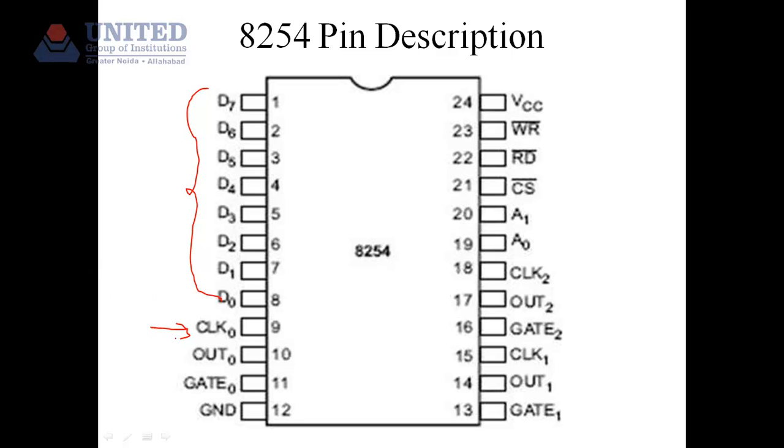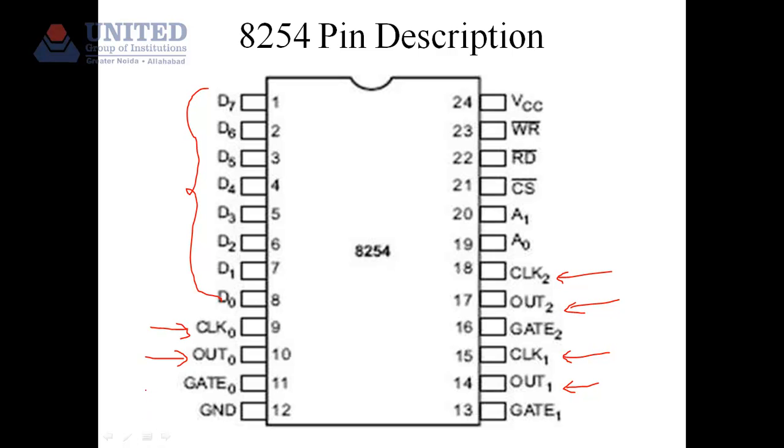From here the clock is received for counter 0. Similarly, we have got clock 1 and clock 2 for counter 1 and 2. We have got out 0 meaning output of counter 0. Similarly, we have got out 1 and out 2 for the counters 1 and 2 respectively.